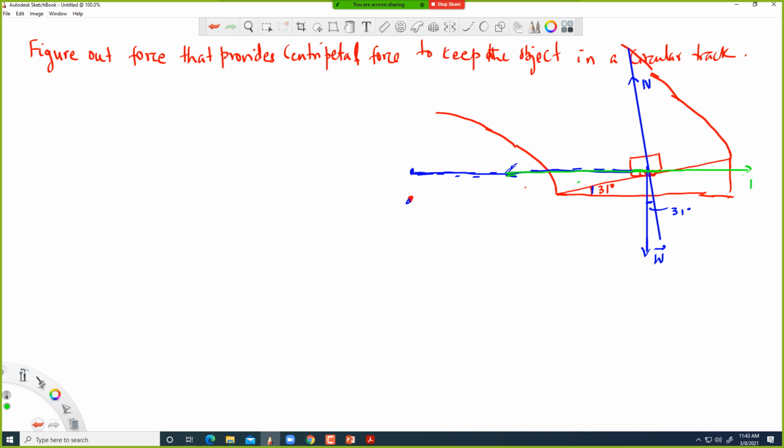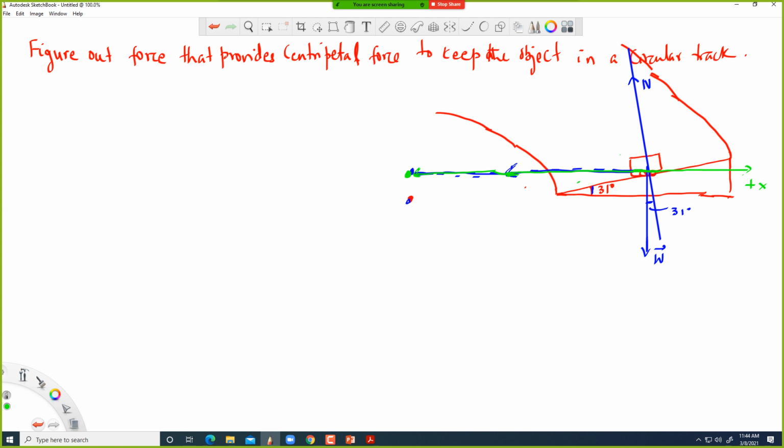And the reason for that is because this is the direction along which our centripetal force is pointing. So centripetal force is pointing towards the center this way. So if we choose this as our x-axis, then it will be easier to solve the problem. Okay? That's why we are choosing this as x-axis. And perpendicular to that would be our y-axis.